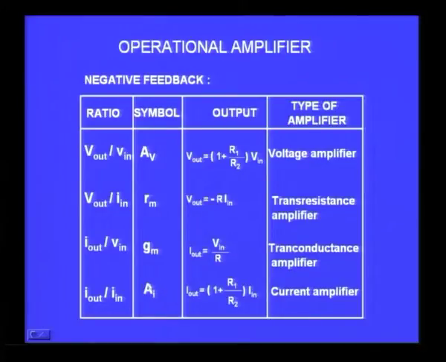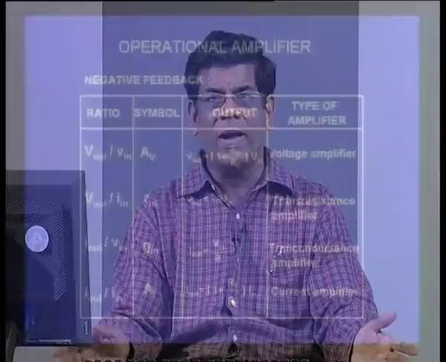And the last one is a current amplifier, and the ratio appears to be the same as what you get in the first case for the voltage amplifier, 1 plus R1 by R2. We will take different configurations, I will explain to you what is this R1 R2, where from it comes, but this is in general the four different circuits that you get from a single op amp by simply connecting 1 or 2 resistors in the feedback network.